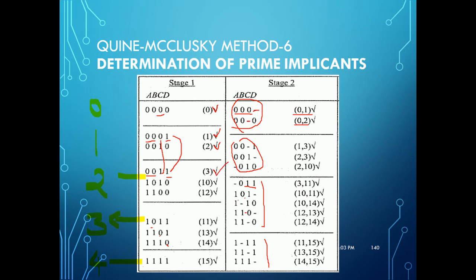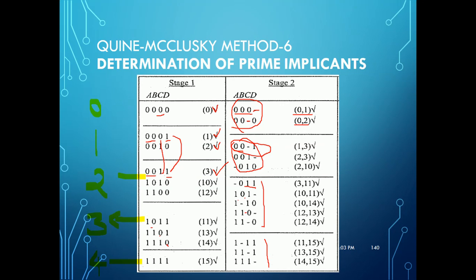So you combine 1 and 3, check mark this third min term, and we have written 1 comma 3 is 0 0 dash 1. Similarly you try to combine with the other next adjacent terms. 1 with 10, is it possible? No. 1 with 12? No. 1 with 11, not possible. 1 with 13, not possible. 1 with 14, not possible. 1 with 15, not possible.